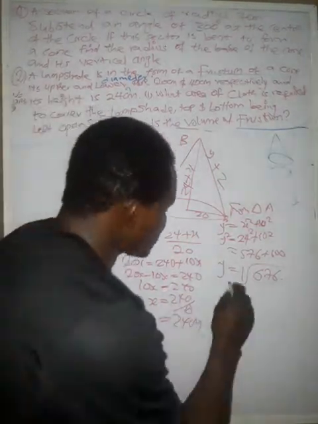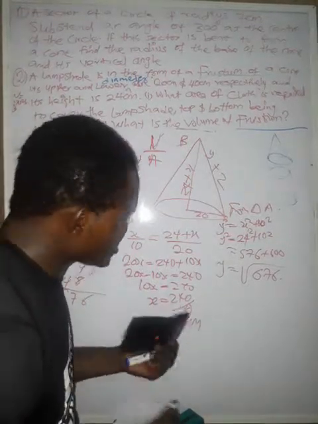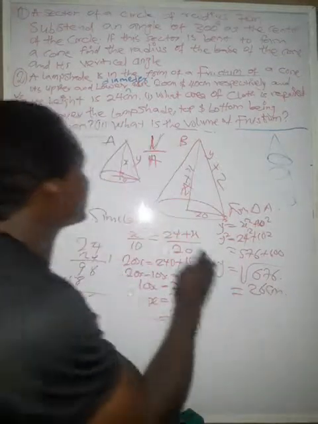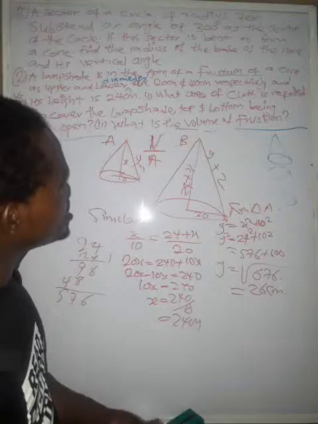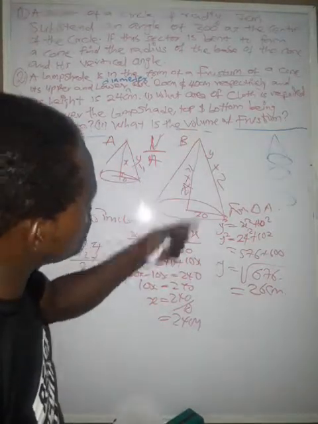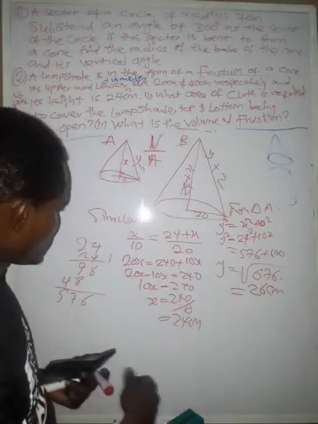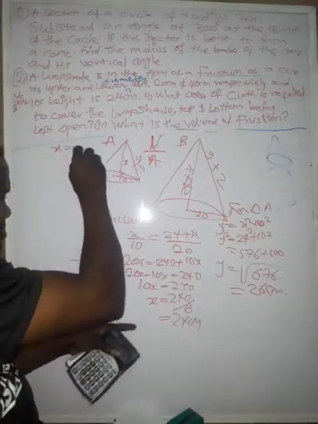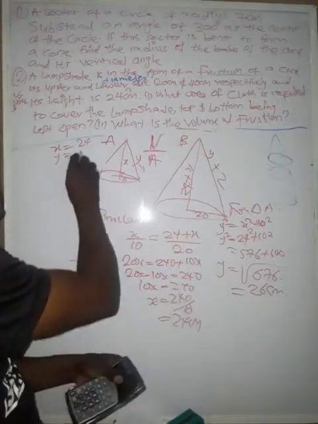So the square root of 676 is 26 centimeter. So I already know what y is, and I already know what x is. We say x is 24, y is 26.